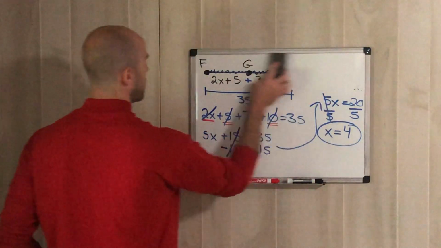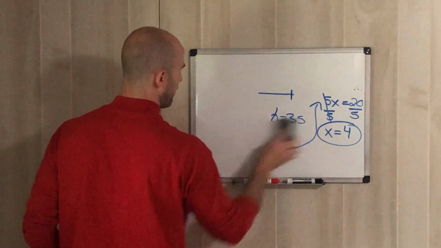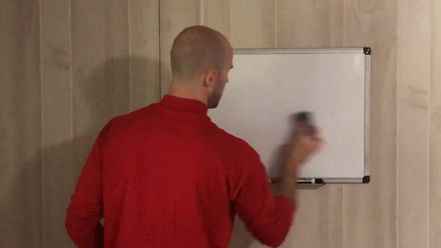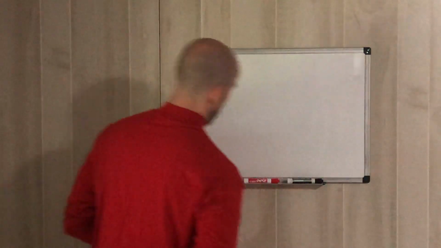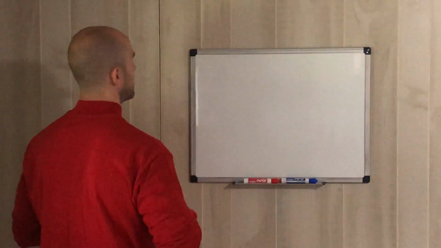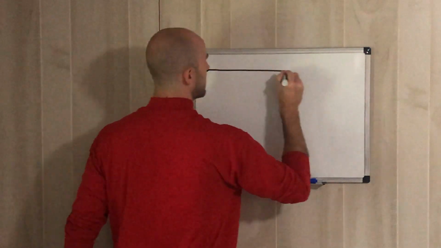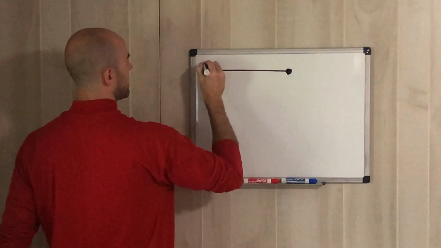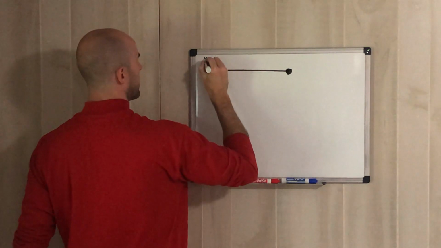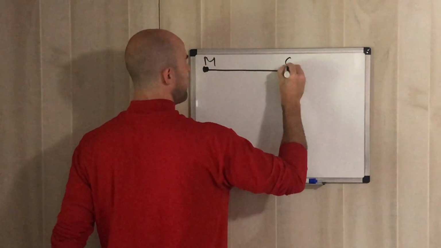And again, I'll do another one just for you guys to actually see and feel comfortable with it. Let's say again that this segment right here, let's call this segment M. Let's call that MO, right?